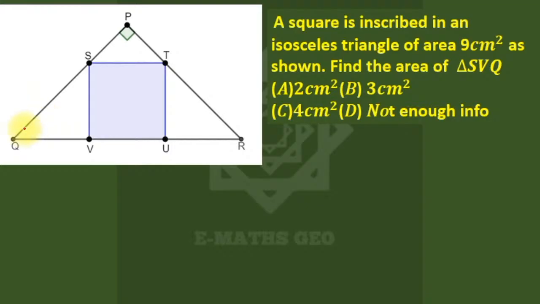And for it to be an isosceles triangle, remember this is 90, so it's also a right angle triangle. So making this angle to be the same as this, and since it's 90, here should be 45, while this is also 45. So this is also 45. This is also 45.